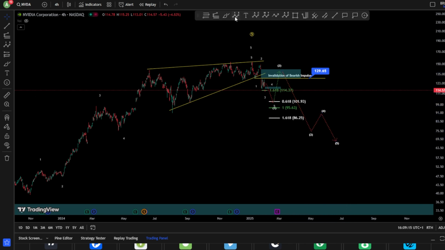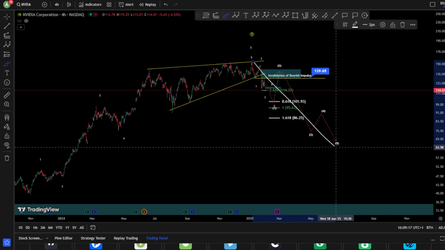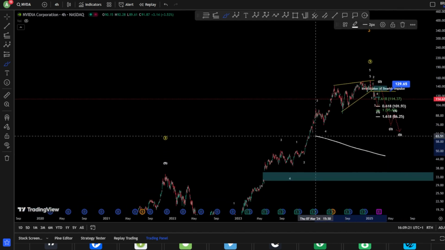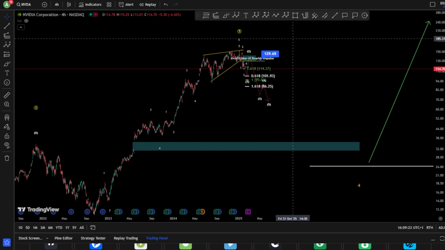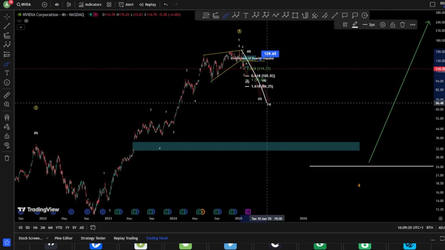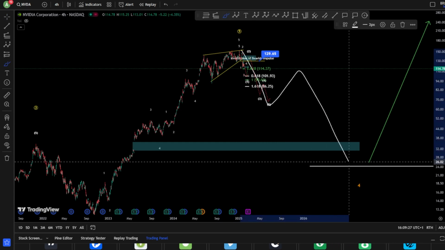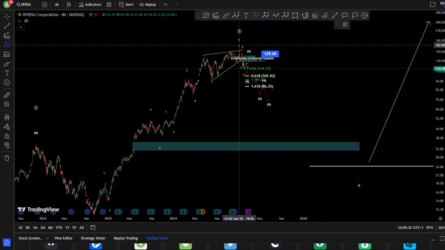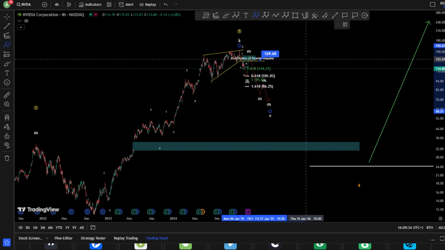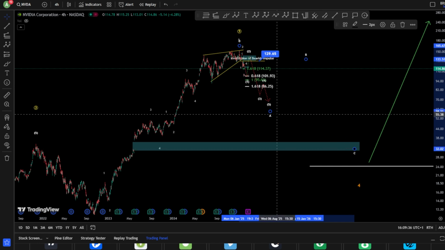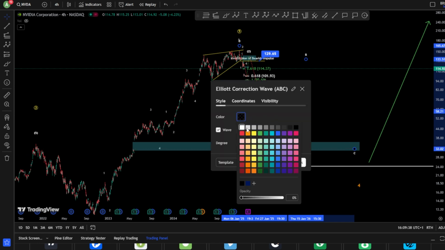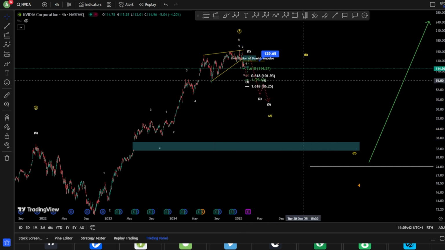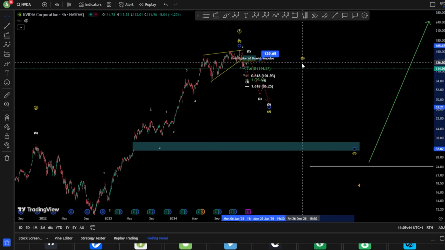Of course, in case we are in A here, you're gonna finish a wave A probably, or even another bigger one, 2 here, but probably it's gonna be a wave A. So wave A, B, and a C. Yeah, so the wave C will close perfectly our gap over there. So this is what I'm looking for: A, B, and a C. So here we go, and this is gonna be in the, here we go, yeah, A, B, and a C probably.